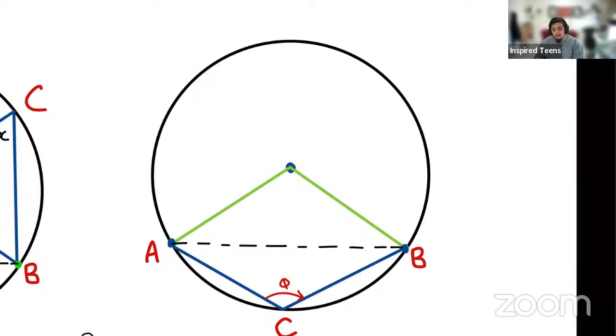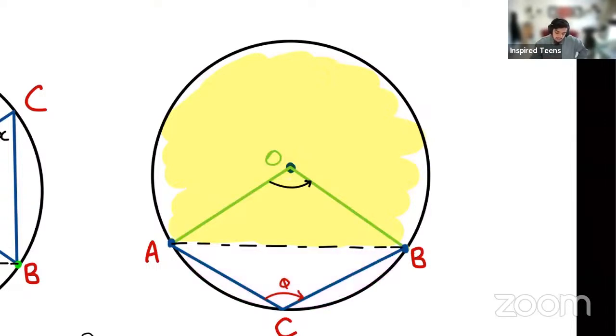Chord AB subtends an angle at O, this angle here. But if we flip AB, and don't look at the top half but the bottom half, remember it separates into segments. So AB separates it into this segment and this segment.